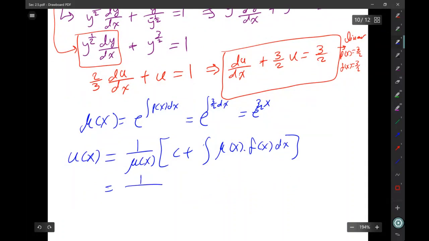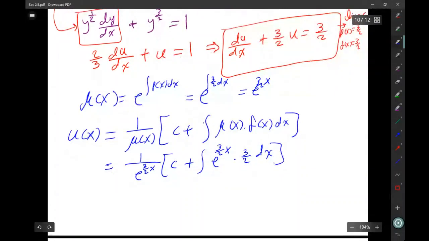That is 1 by e to the power 3 by 2 x times c plus integral e to the power 3 by 2 x times 3 by 2, which is f of x, dx.